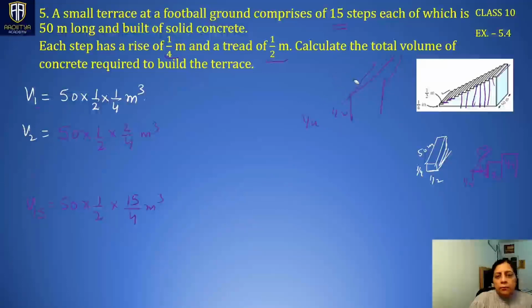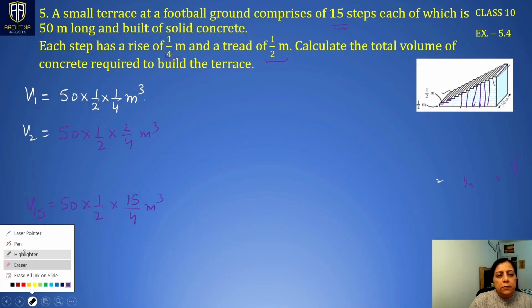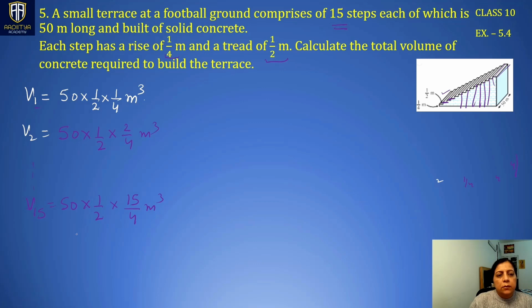So here we have to find S15 in this case. S15 is 15 by 2 into A plus L. A is 50 multiplied by half multiplied by 1 by 4.